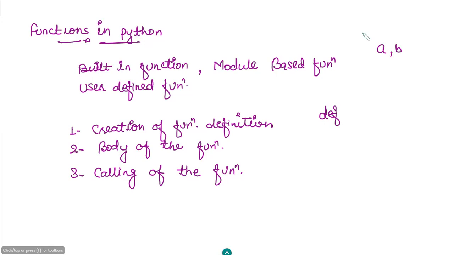You just want to print something by using a function, like printing a statement, hello. So you just need to create a user defined function. The function name can be anything.